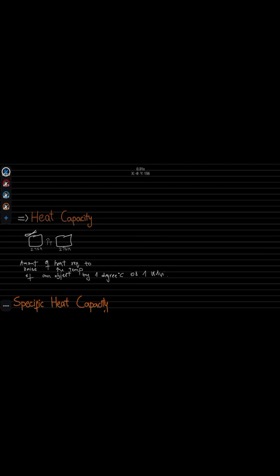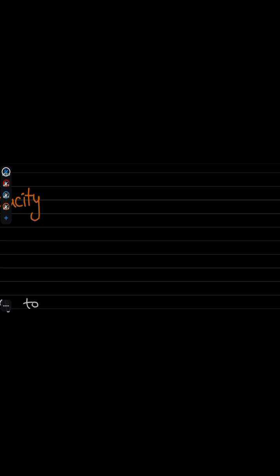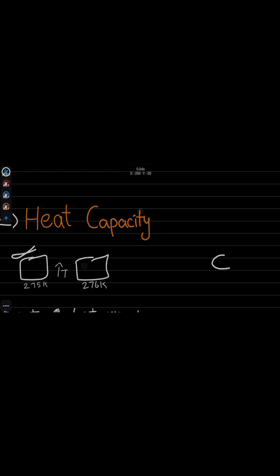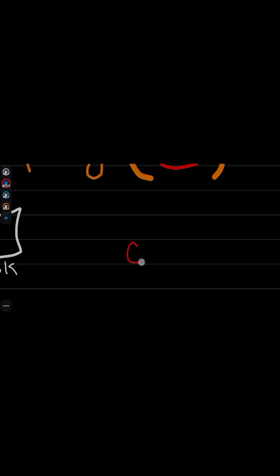Okay, if I talk about the mathematical term, capital C is the symbol of heat capacity. Let me also mention it over here so it might get easy for you all. Capital C. Now, its mathematical term: C, which is heat capacity, is equal to delta Q, the amount of heat energy supplied, over delta T, which is the change in temperature.